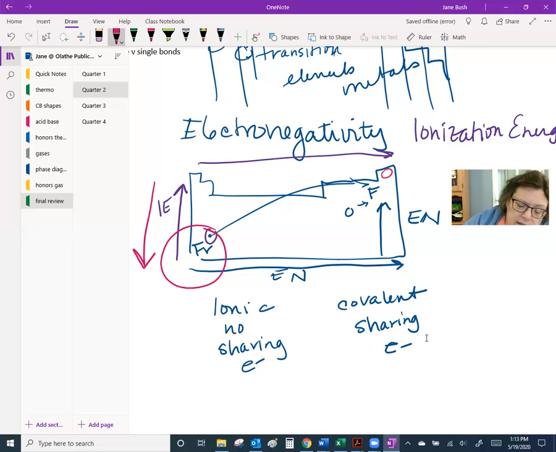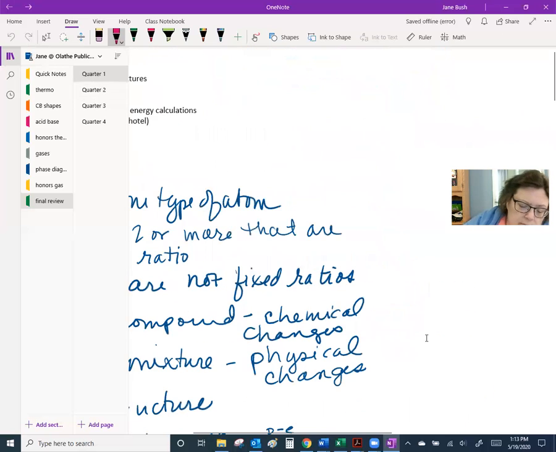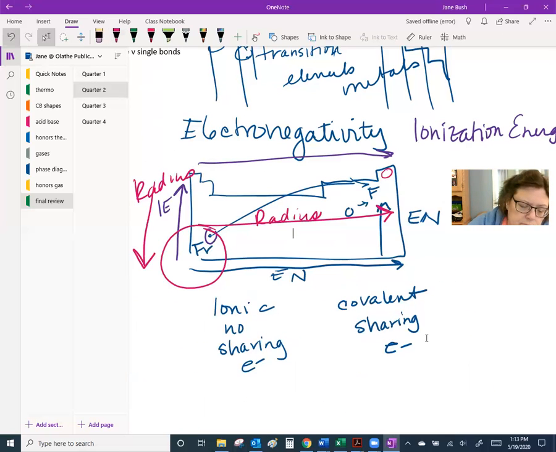The radius increases as you go across, because, no, it decreases as you go across. Oops. It's opposite.